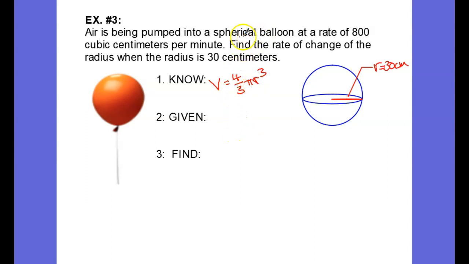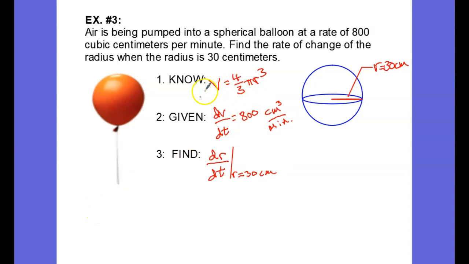Now we're given that the change in volume is a positive 800 cubic centimeters per minute. So that's going to be dV/dt equals 800, and that's cubic centimeters per minute. And we've been asked to find dr/dt, and we want to do that when the radius is equal to 30 centimeters.